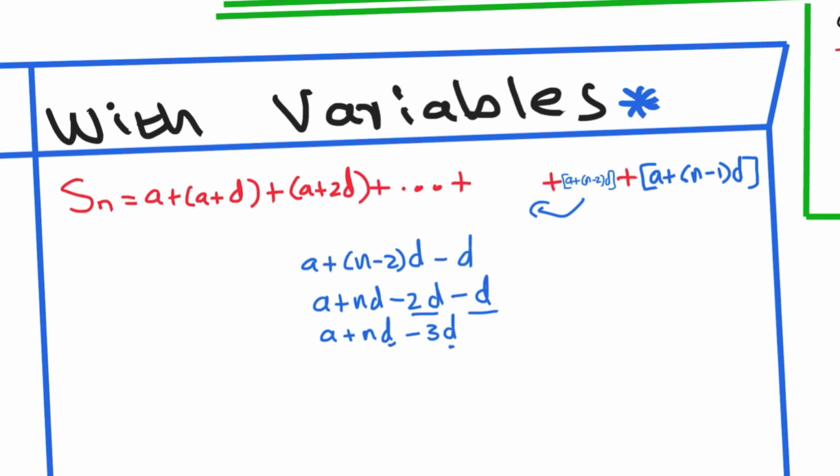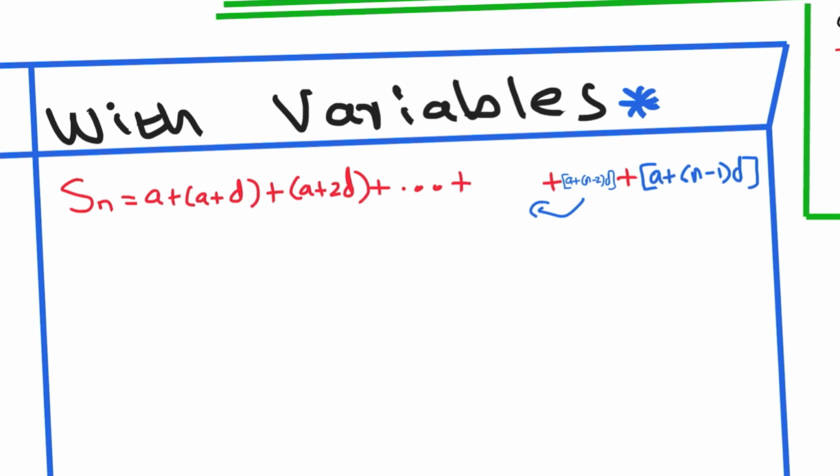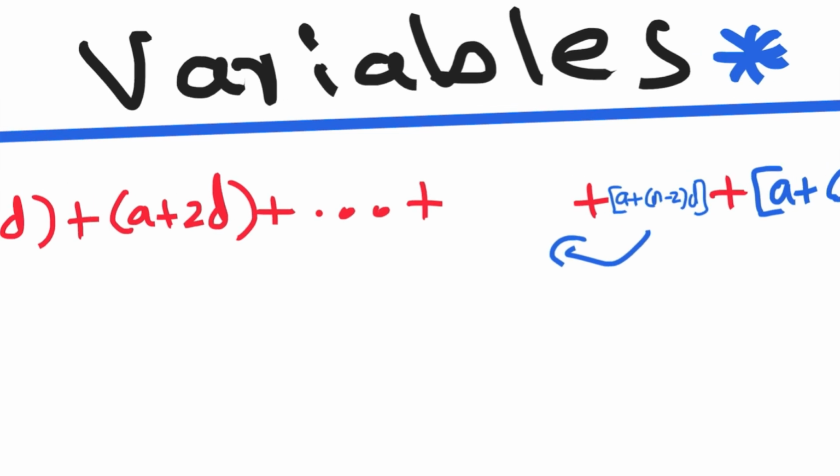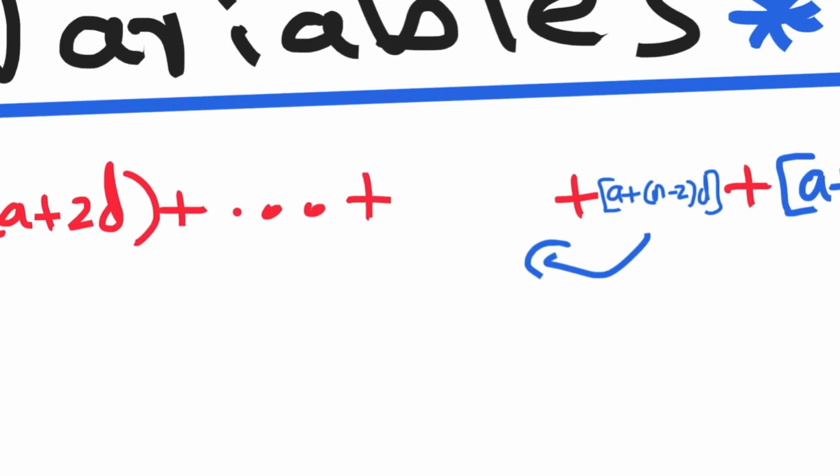I'll be left with n minus 3, which is going to be A plus n minus 3 into D. That's going to be our third last term. Clear? Then this one is also going to disappear, and here it's going to be A plus n minus 3 into D. That's how we got it.